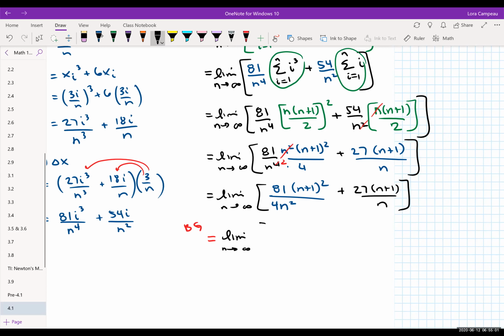So I should have 81 n squared, excuse me, still all over 4 n squared. And then also 27n over n.